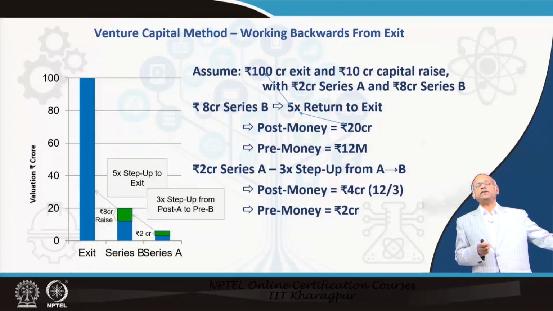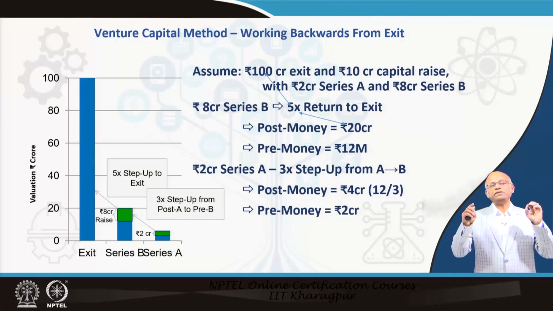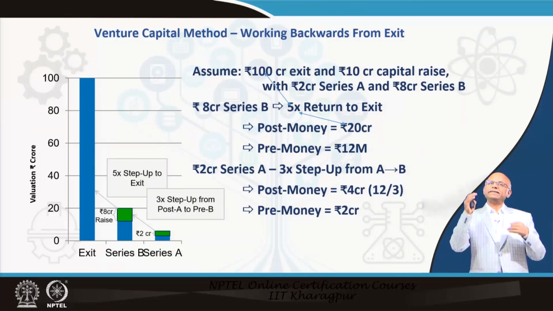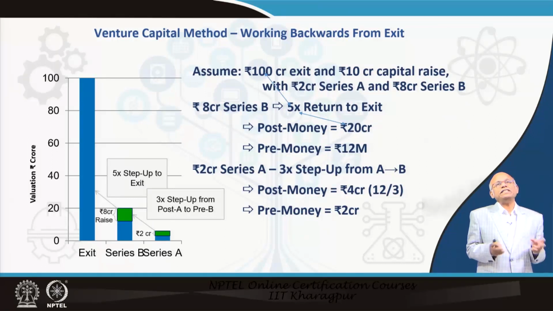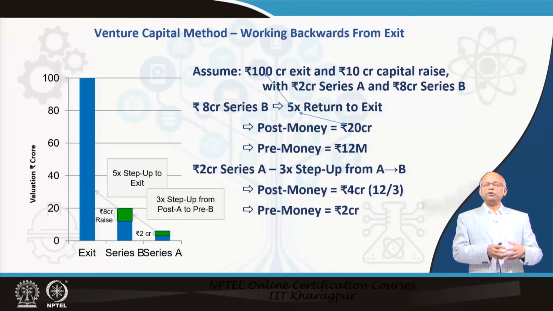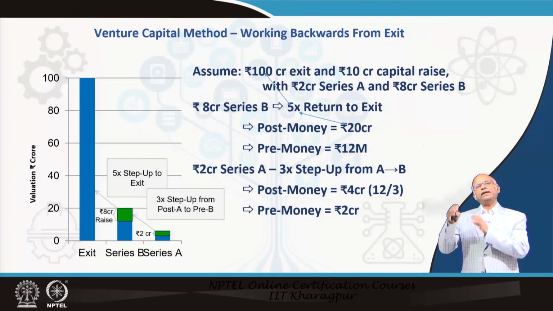That should be estimated by back calculating. So, you know that the exit value should be 5 times the post money valuation of the second round, or say the venture capital method of valuation in the fifth year is 100 crore, because they have estimated some kind of turnover in the fifth year and some profit percentage and some price to earning multiple in the fifth year.